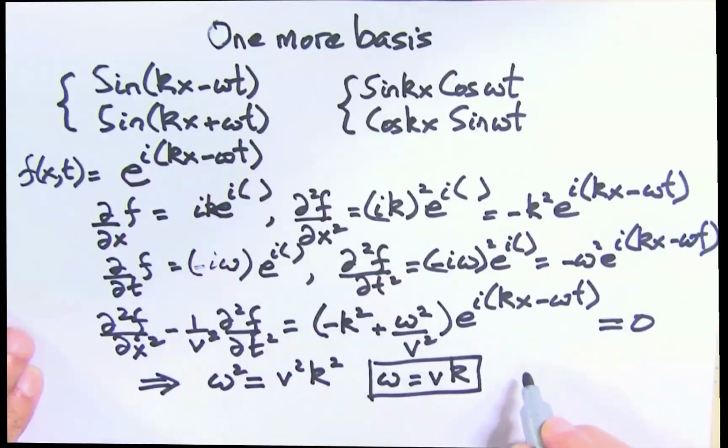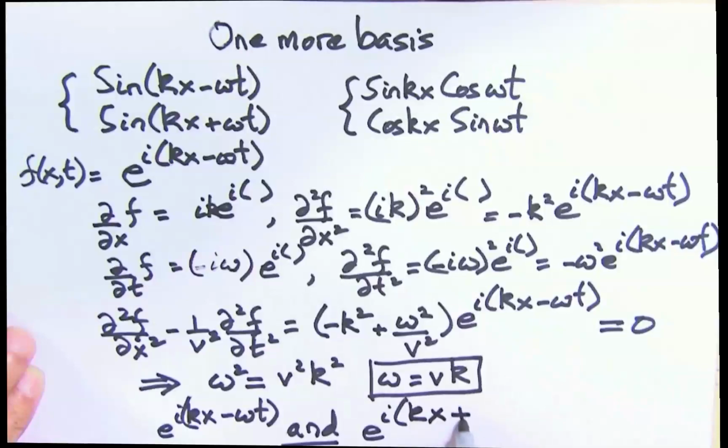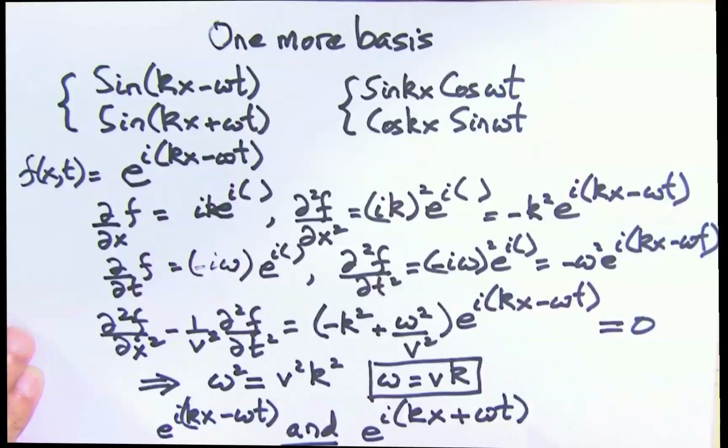So, in fact, the two basis functions will be e to the i kx minus omega t and e to the i kx plus omega t. And these two functions are going to be very important in understanding details about the wave equation and for Fourier analysis, which we will come to at a later point.